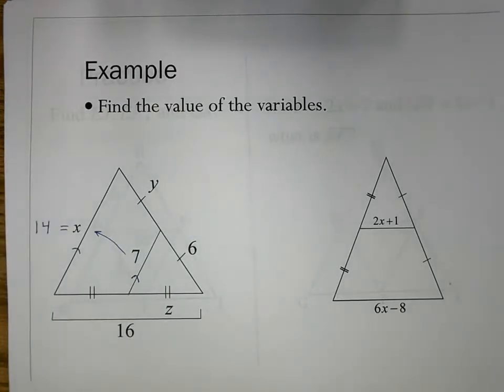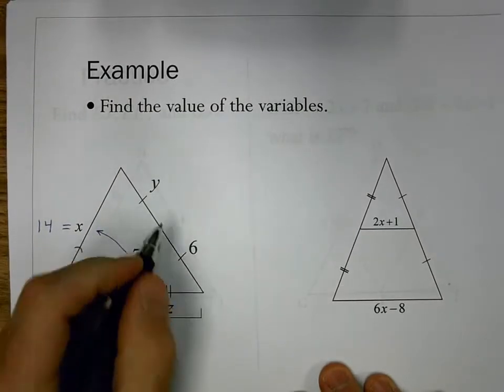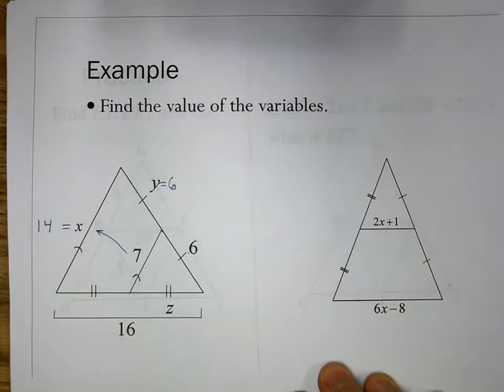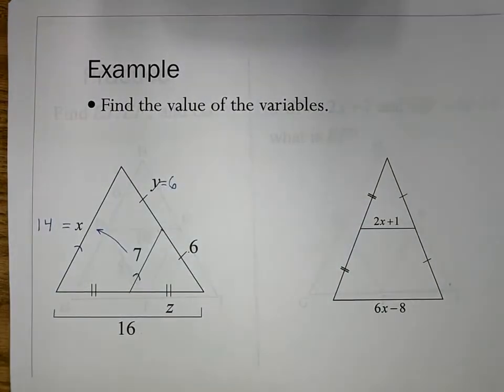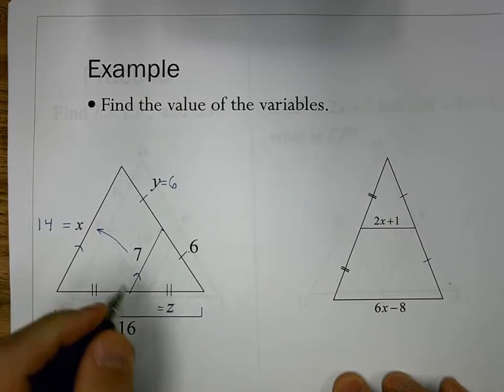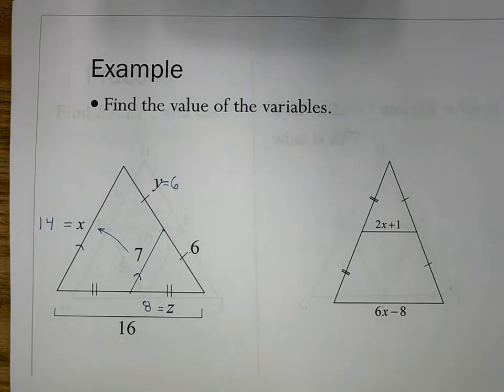If we look at y, we know y is a part of that outside side, which has a midpoint. So if this is 6, it means y is also 6. And finally, for z, since we know 16 is the entire length of the side, and z is just the portion that goes from the midpoint to a vertex, it would be half of that, so it would be 8. So, basic filling in the values to a diagram.